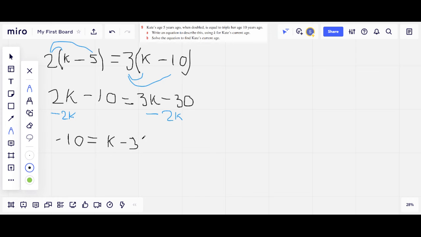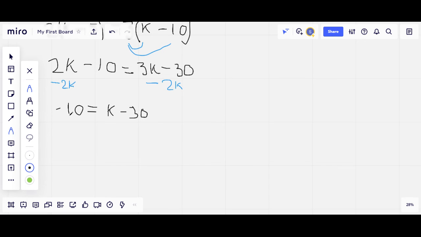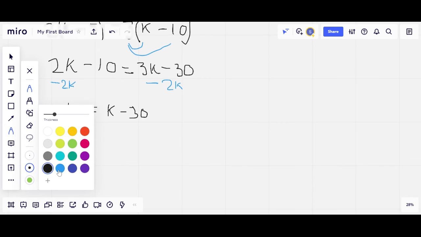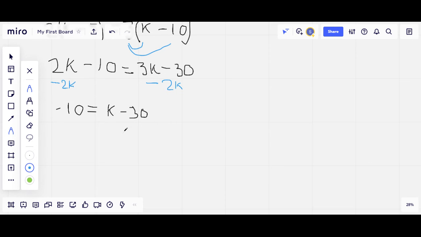Sorry, that's a terrible 3. Let's try and fix that up. K minus 30. From there, we just simplify like we have been previously. So we've got K minus 30 on this side, so we want to get rid of that negative 30.